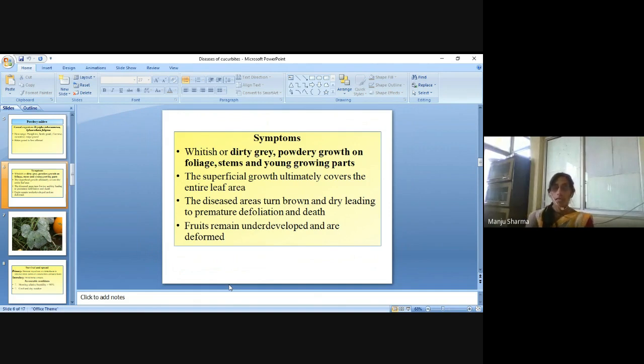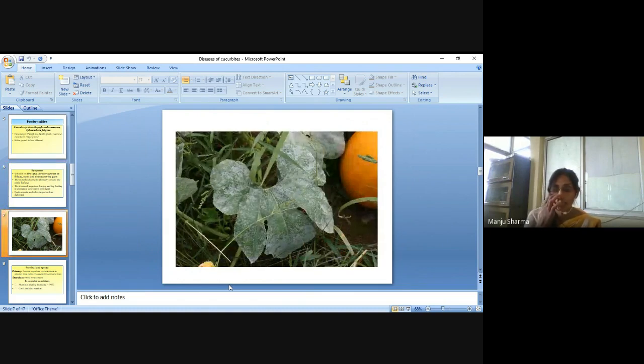The diseased areas turn brown and dry, leading to premature defoliation and death, and the fruits remain underdeveloped and deformed. So basically, these are the symptoms.